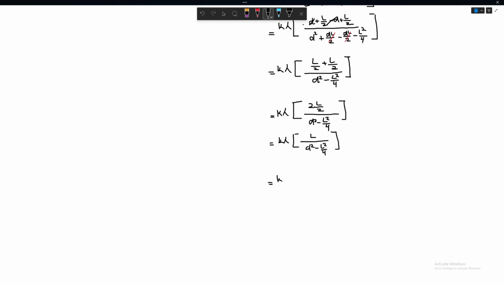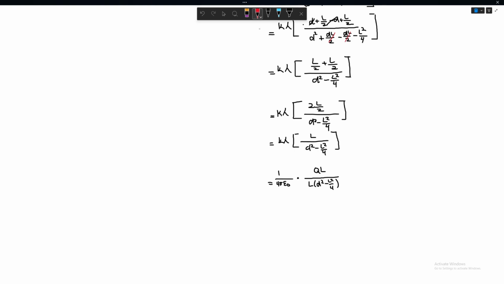And this equals k. My lambda is actually Q over L. So expanding this in, I'll get k Q over L, or if I want to write it in their terms, 1 over 4 pi epsilon naught times Q over L times d squared minus L squared over 4.